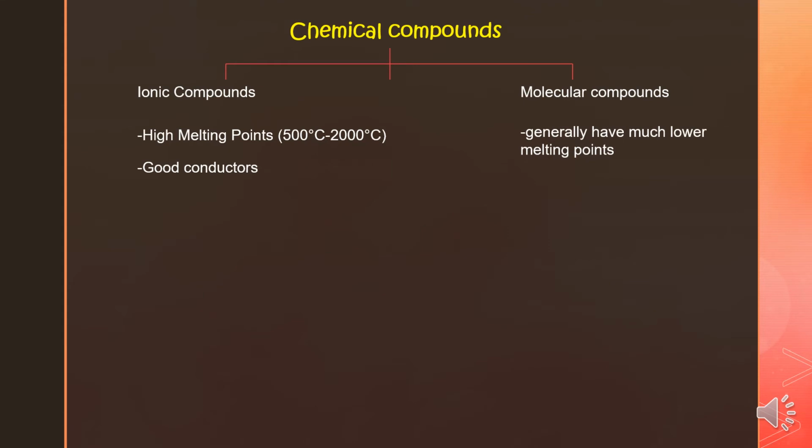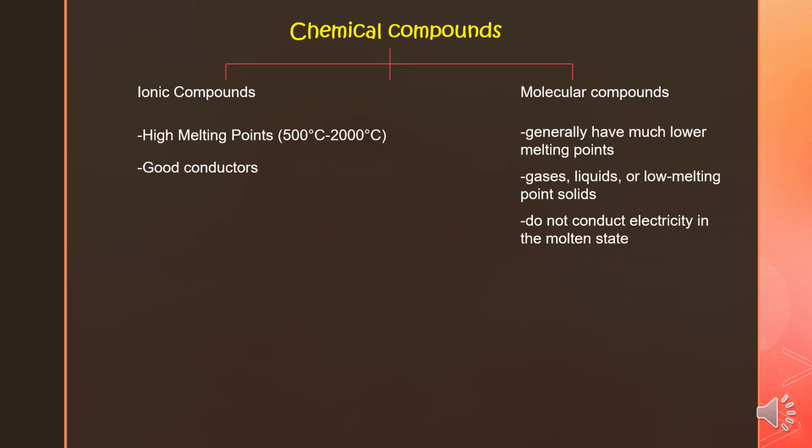Molecular compounds, on the other hand, generally have much lower melting points and tend to be gases, liquids, or low melting point solids, and they do not conduct electricity in the molten state or in their liquid state or in a solution.